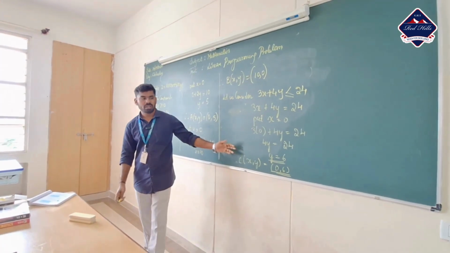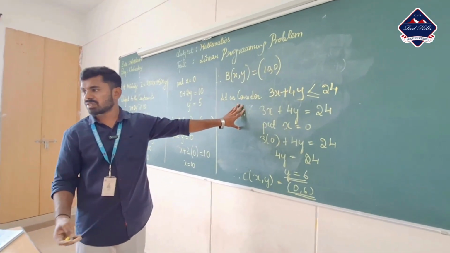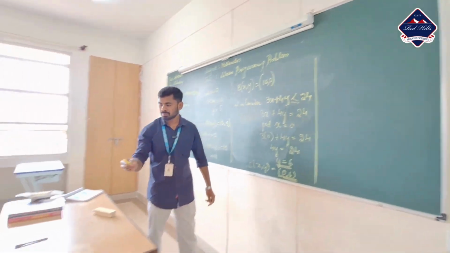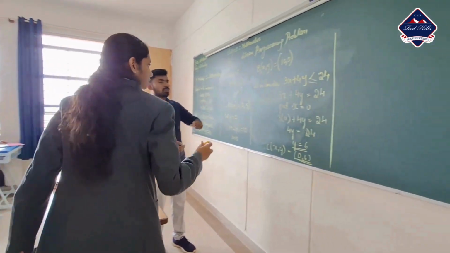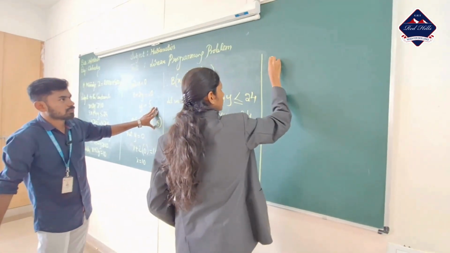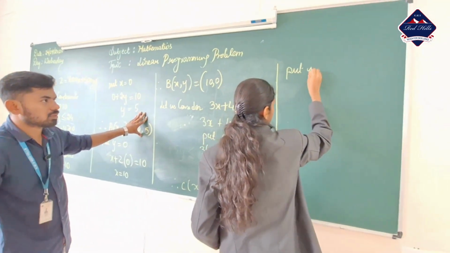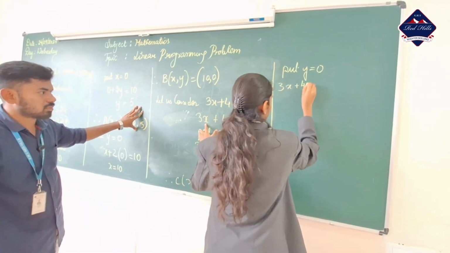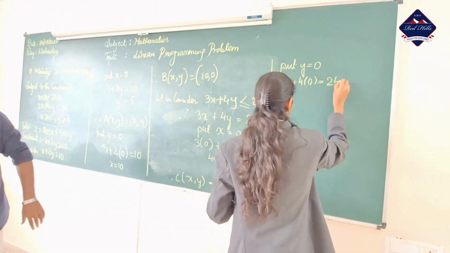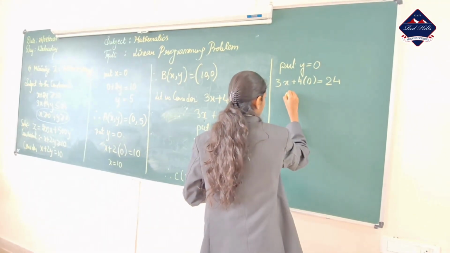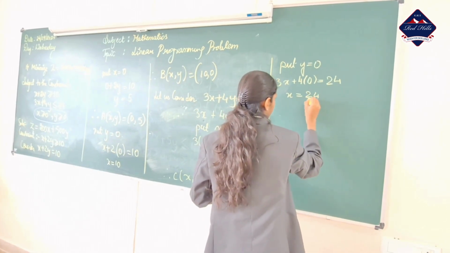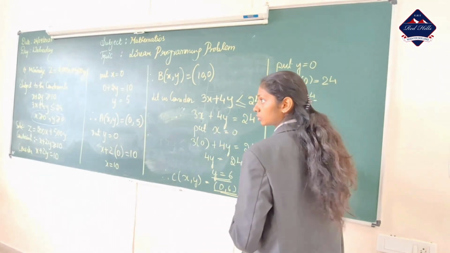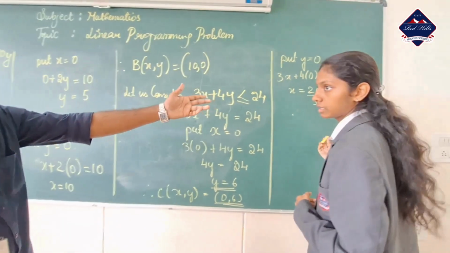Yes. Very good. Next, similarly, the last point which we are able to find out. Yes, Gayatri. Find out the point D. Put y equal to 0. What happens to the equation then? So 24 by 3, what will it be?